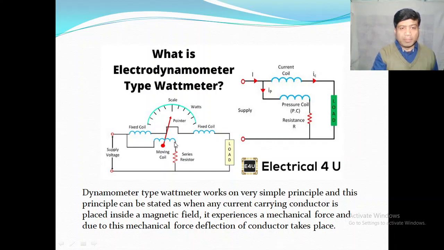Whenever this voltage appears across the moving coil, this may lead to burning of the moving coil. So to reduce the voltage which is present across the load and which may appear across the moving coil, we use the series resistor, which will drop the voltage across the moving coil and hence prevent it from burning. This is the purpose of the series resistor.